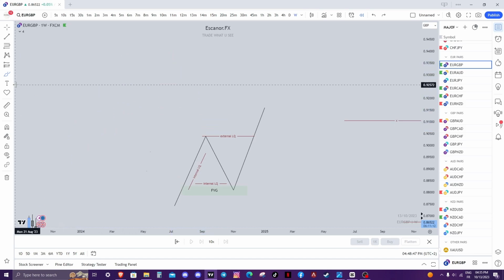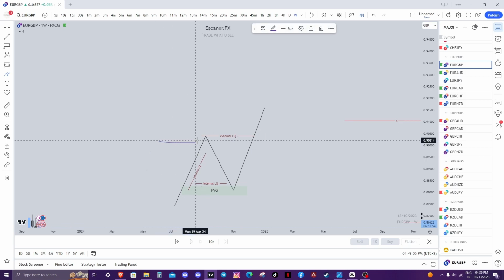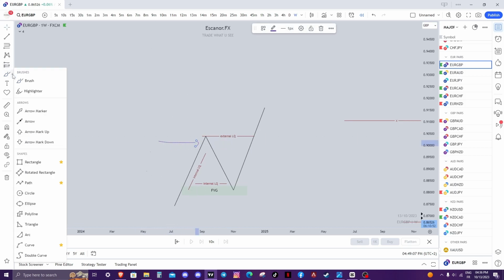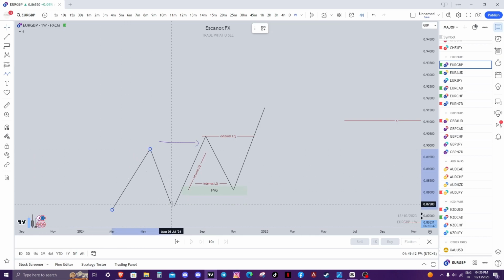The second form of internal range liquidity, let's say from this low to this high, for all this leg here, we need to look for the fair value gaps. So the fair value gaps also represent internal range liquidity. After taking the external range liquidity here, let's draw it in a clearer way.